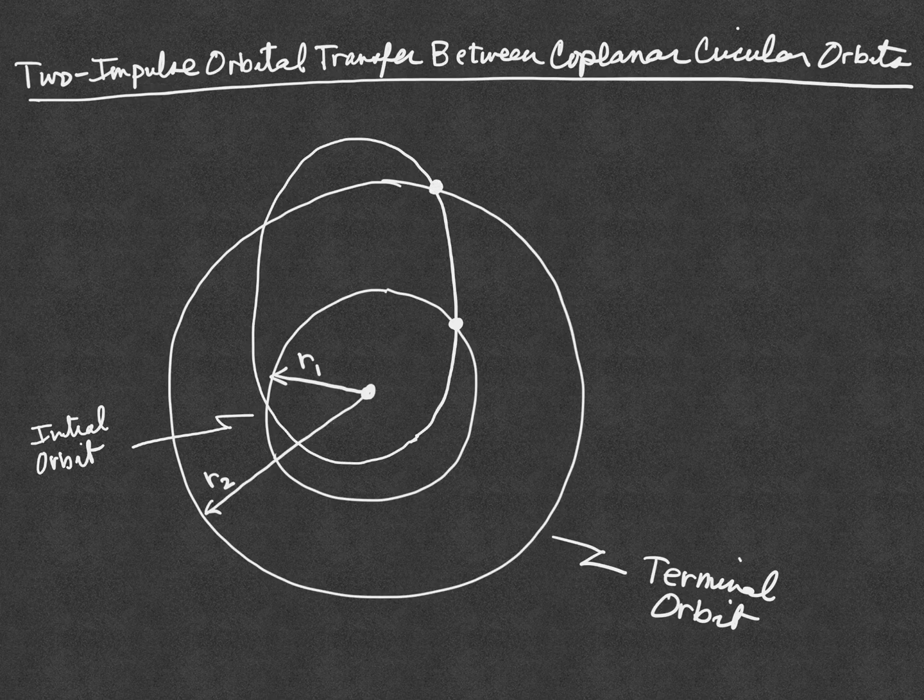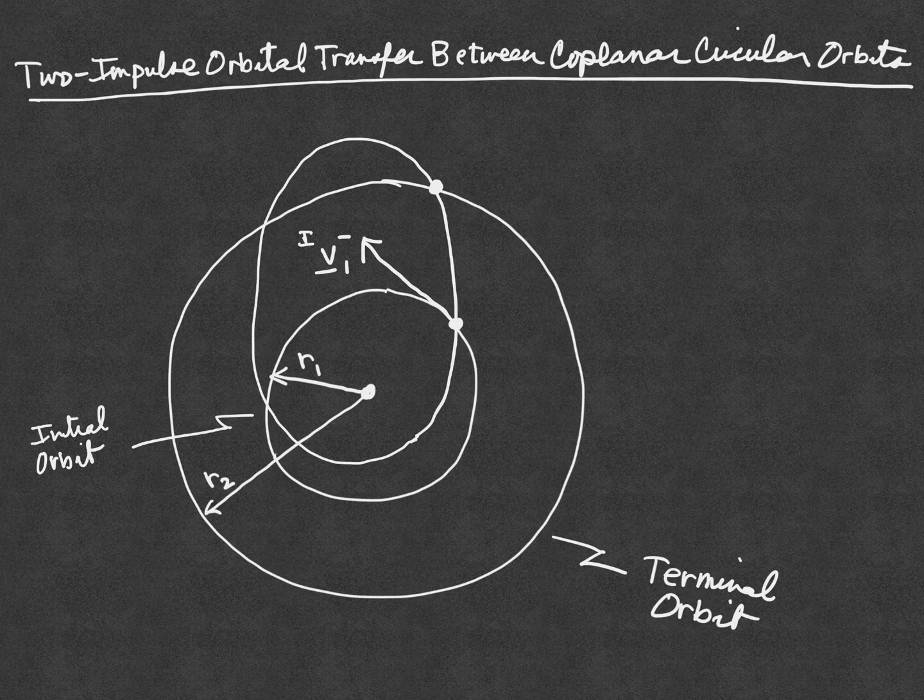Now you can see that as the spacecraft is moving on the initial orbit, at the point of intersection with this elliptic transfer orbit, prior to the application of the first impulse, the velocity of the spacecraft has to be in the direction that I've drawn with the arrow, and that velocity has to be v1I minus, and it's tangent to the initial orbit.